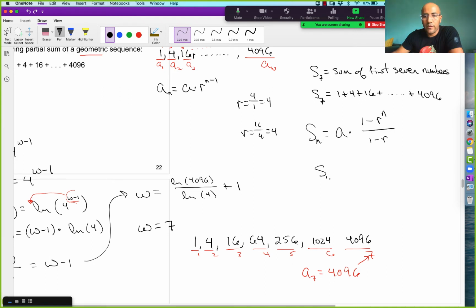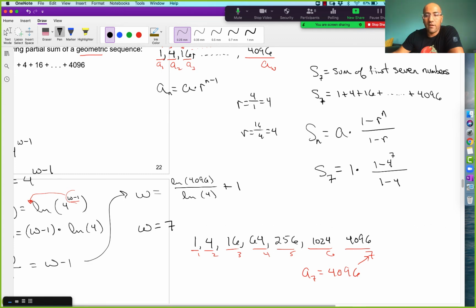So we want to know S sub 7, the sum of the first 7 numbers, where the first initial value a was 1, and r was 4, so we get 1 minus 4 to the power of 7 all over 1 minus 4. Good. So the denominator is going to be a negative 3, and the numerator is going to be some negative number, right?